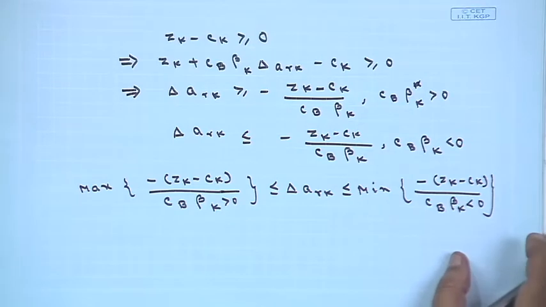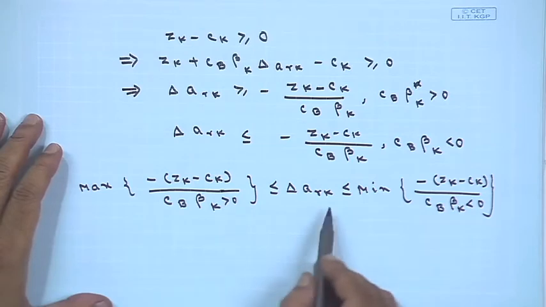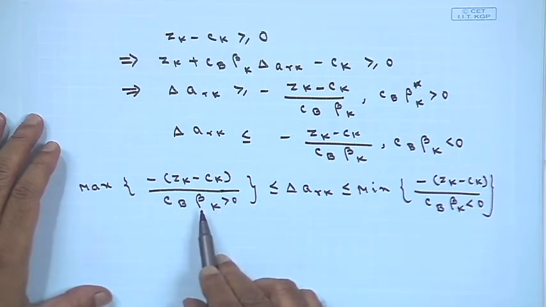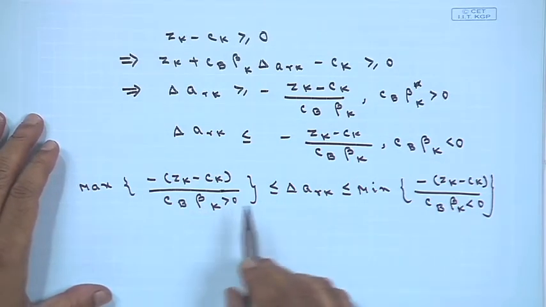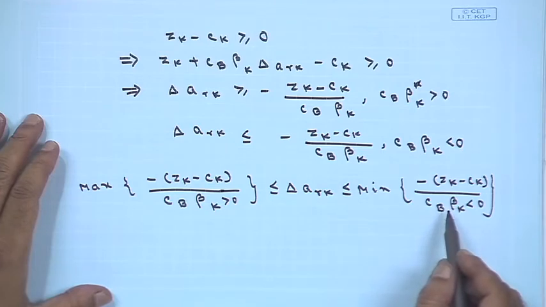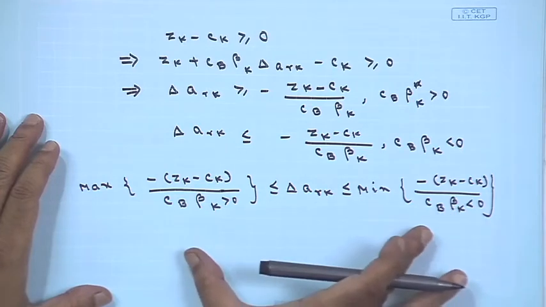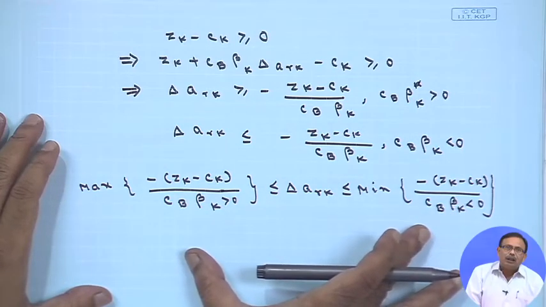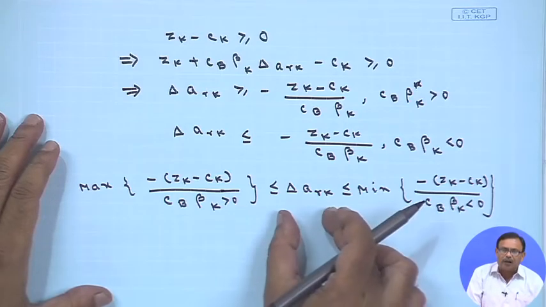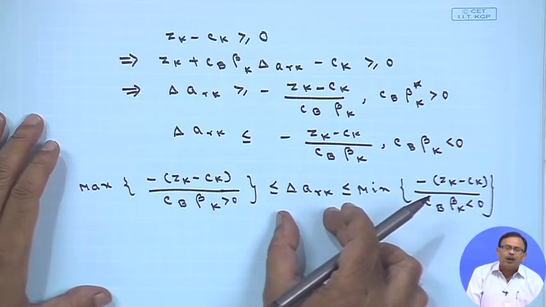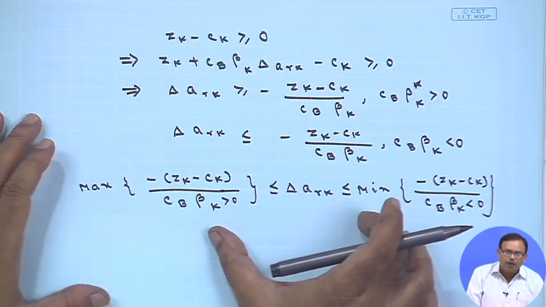The range is if delta a r k lies between the maximum value of this and the minimum value of this. In that case, even with variation in delta a r k, there will be no change in the optimal solution.